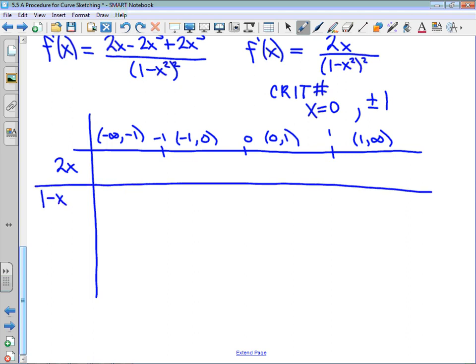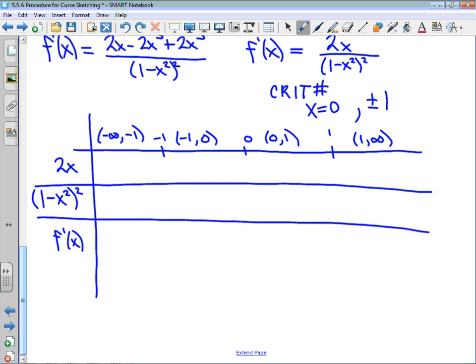And then using those, we're going to evaluate if f prime of x is positive or negative. So I'll drop these verticals down. Nice thing about this is 1 minus x squared squared is always positive. Whatever 1 minus x squared is, whether it's 0, negative, or positive, it gets squared after. So that will be positive in all of these intervals.